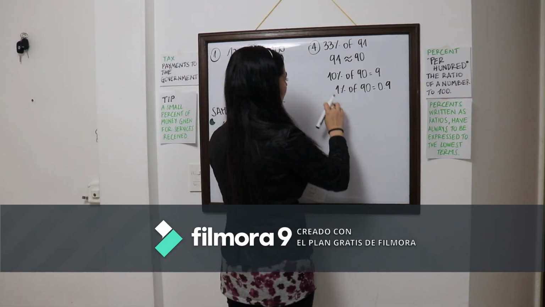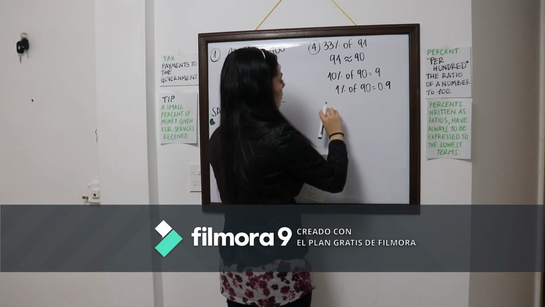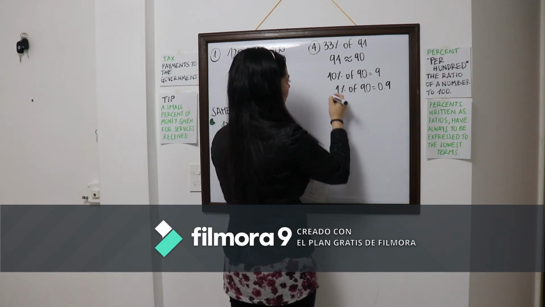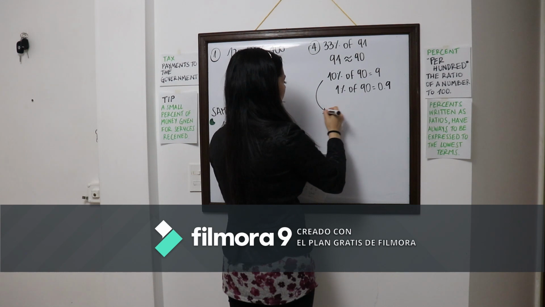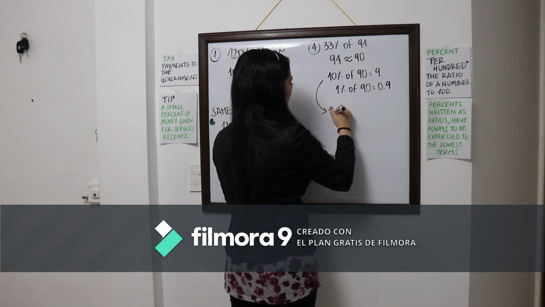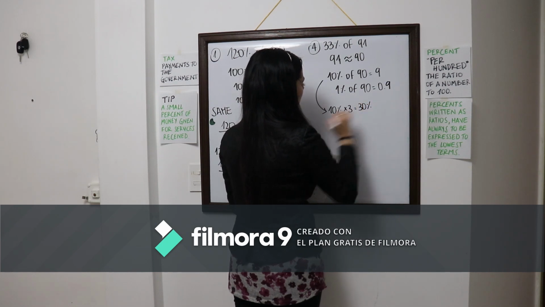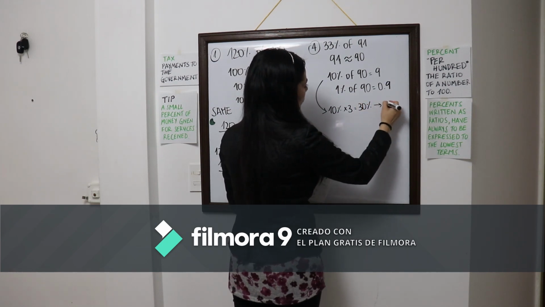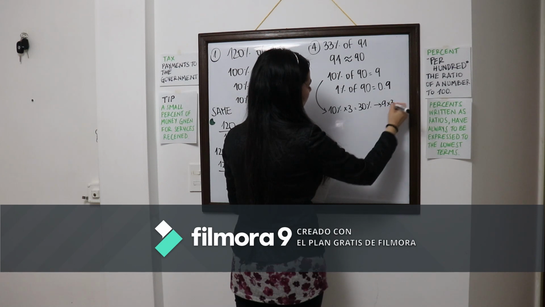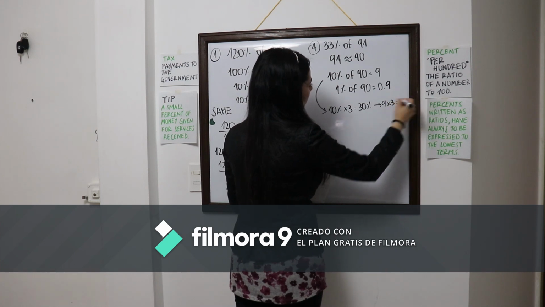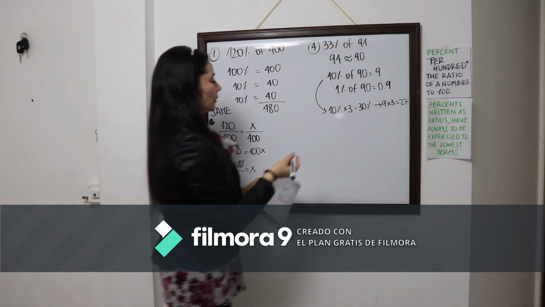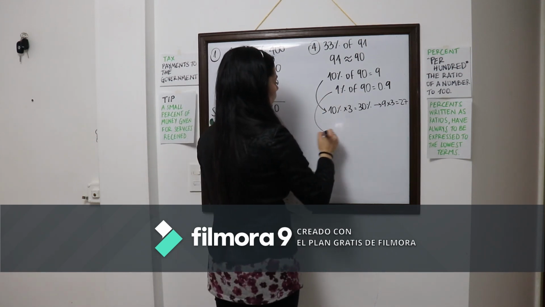But I actually need 3 of these. So I need 10% times 3 to get 30%, which goes to 9 times 3, which is 27. And then I work with the 1%.